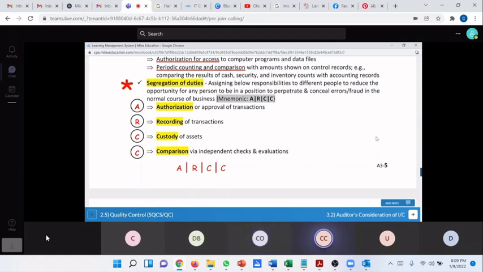There should be a segregation between initiation, recording, authorization, and the person who is comparing it. Now, to quote an example, should I use a different example of banking? Let's use an example of banking. It will be easier to understand, right?